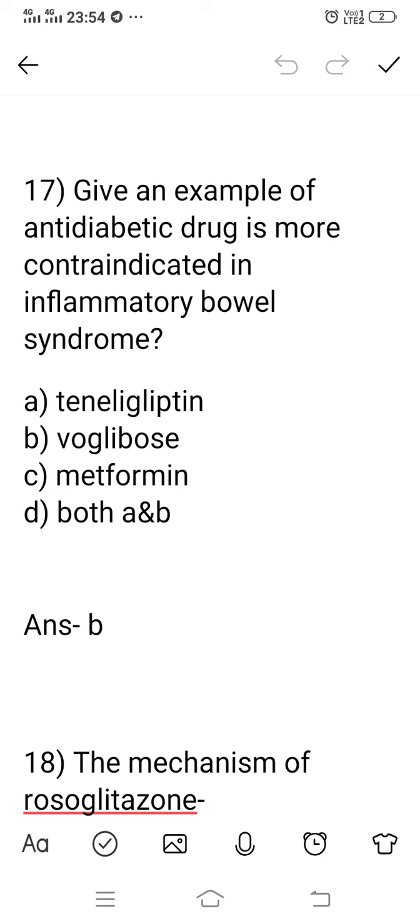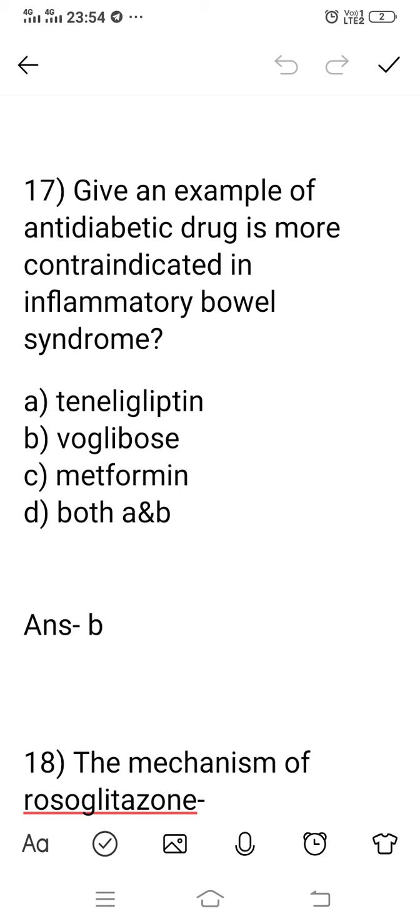But why? Actually, voglibose is one type of alpha glucosidase or alpha amylase inhibitor. Alpha amylase is responsible for the digestion of many foods and complex carbohydrates. So voglibose inhibits this alpha amylase or alpha glucosidase.